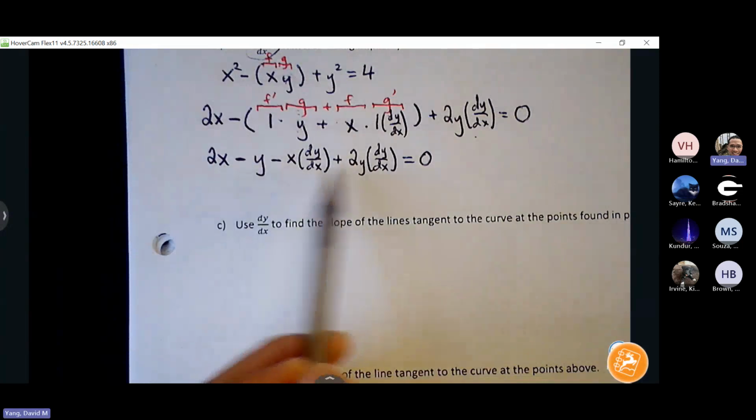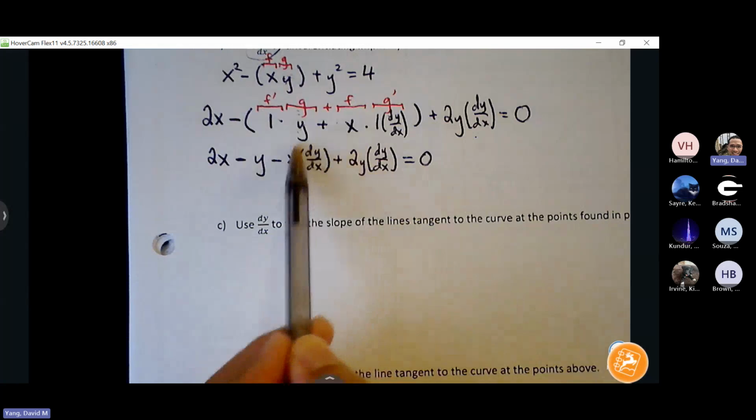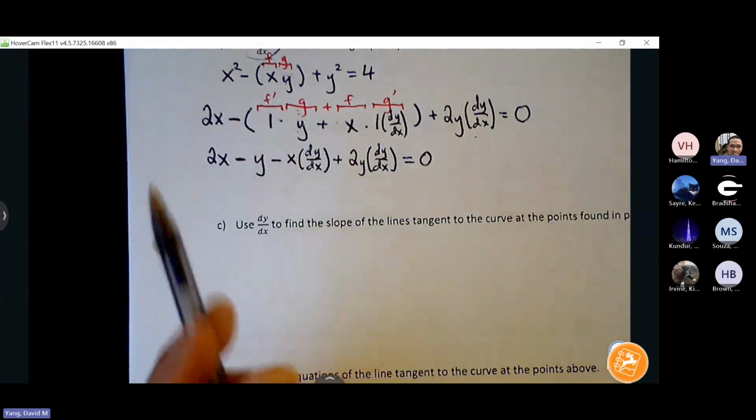All right, so I have 4 terms here, but I want to collect the dy dx terms on the same side. So I'll leave these 2 on the same side, and move these 2 terms to the other side of the equation.